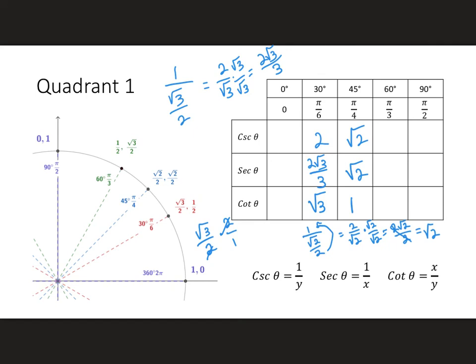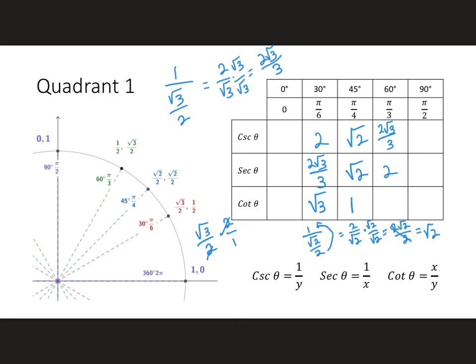And 60 degrees, or pi over 3 radians, it's actually going to be the flipped version of the secant and the cosecant. This will be 2 times the square root of 3 over 3. This will be 2. Cotangent will be x over y.